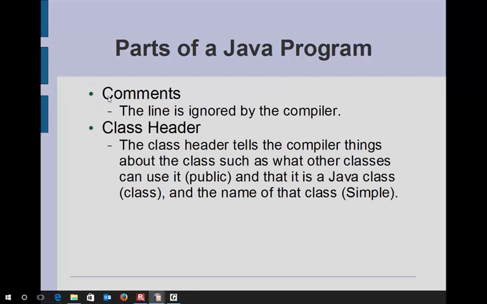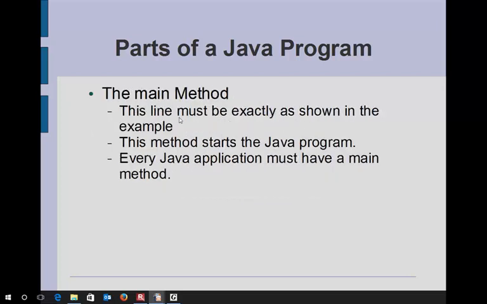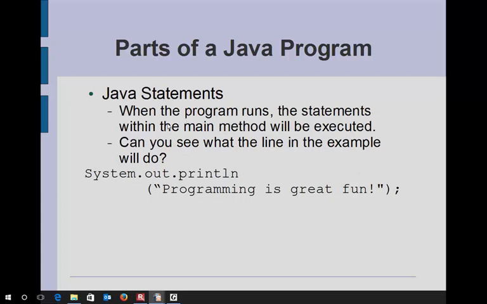Now here's some information, comments. I'm going to skip this, because we already talked about it, and this, and this. Now when the program runs, the Java statement within the main method will be executed. So this is the statement that I have. Do you know what this is going to do? It's just going to display this string in the output. Actually, let's go and compile our program and see if it really works.